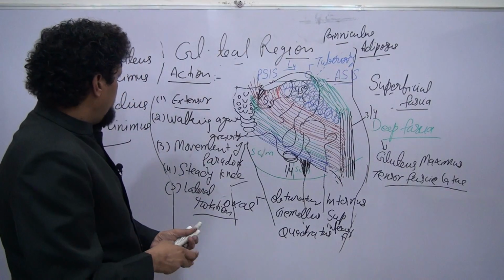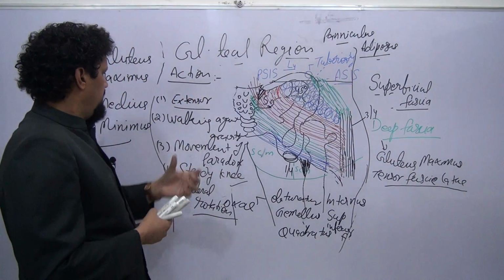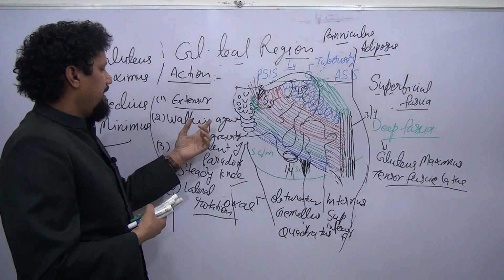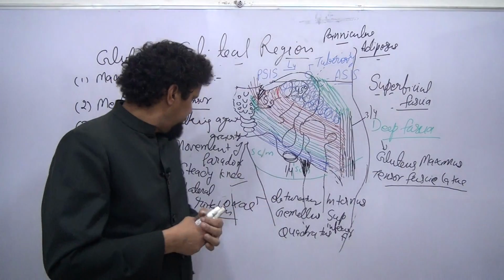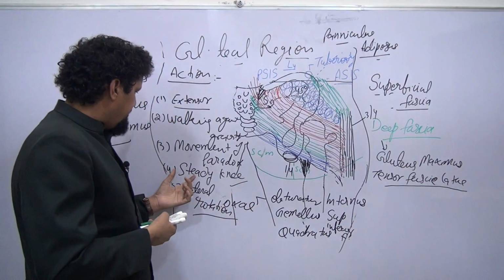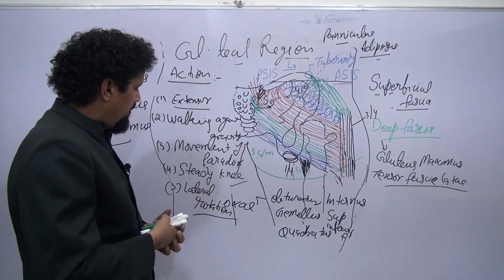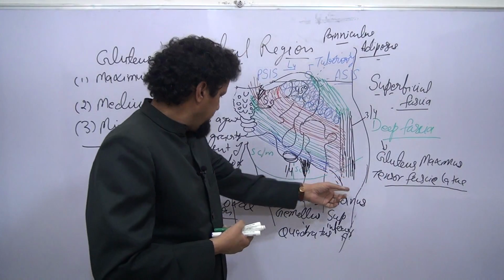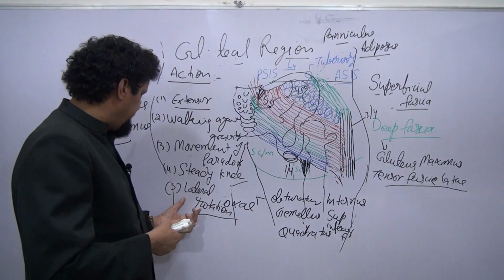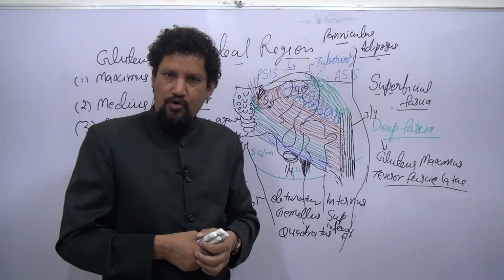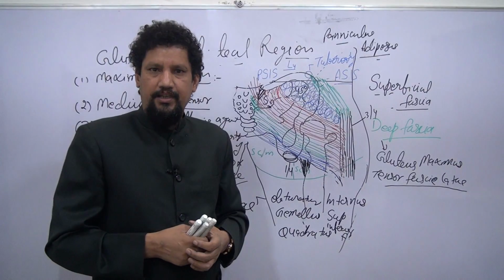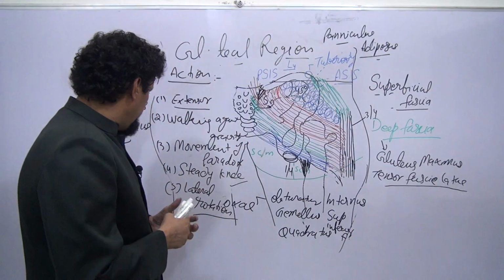So the actions of the muscle: it is a powerful extensor, and during walking against gravity, that is walking uphill and upstairs, it steers the knee joint through the iliotibial tract and it rotates the thigh laterally with the other short lateral rotator group of muscles.